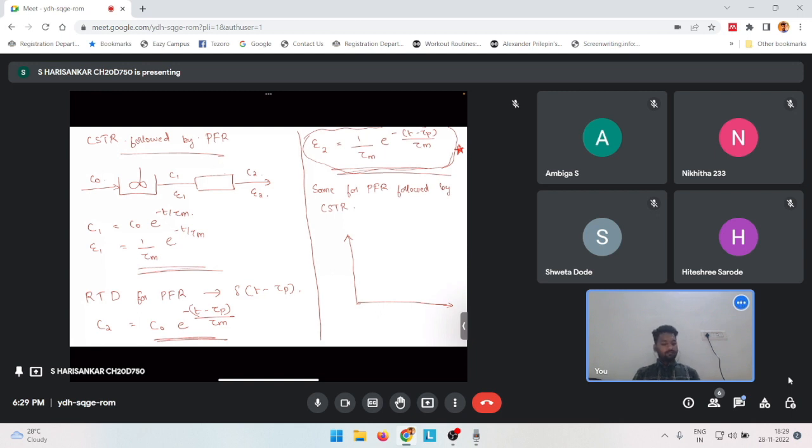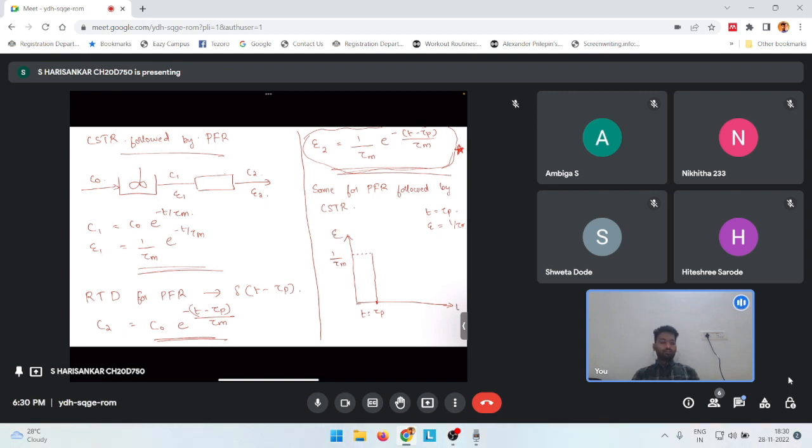Now, when T equal to tau P, this whole exponent term will be e raised to 0, and that will be 1. And at that time, E will become 1 by tau m. So at T equal to tau P, the RTD at this point will basically be like this, and the y-intercept for this is 1 by tau m, which is E.